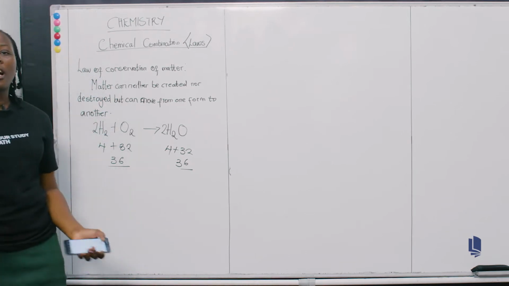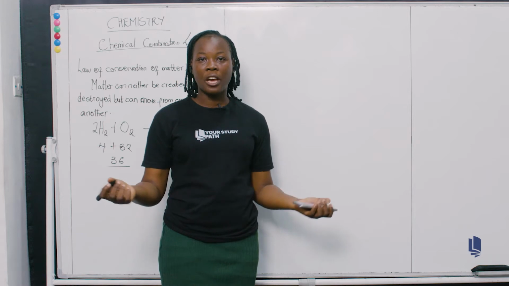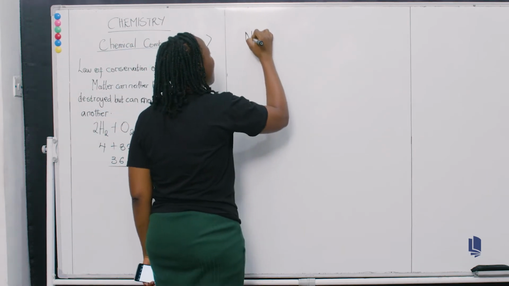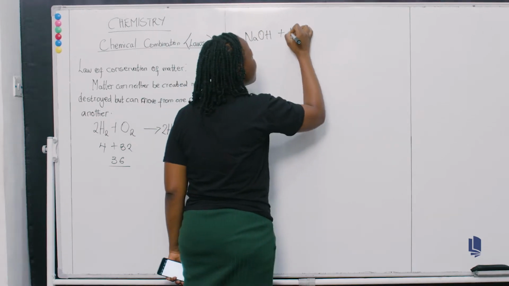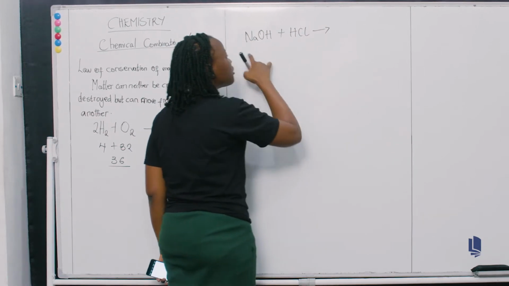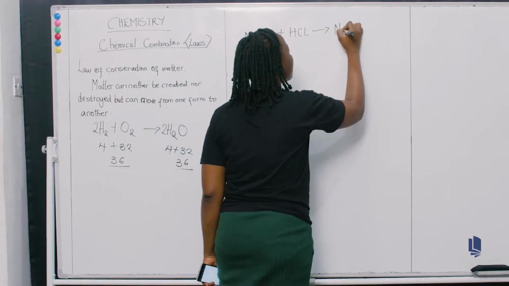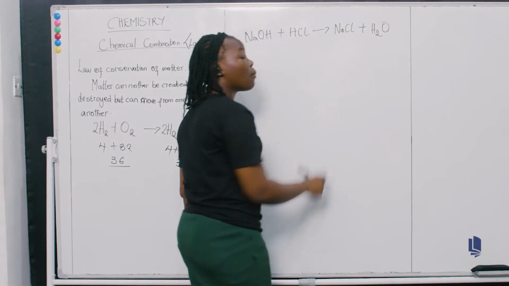Let's consider another equation. Let's consider a neutralization reaction, that's between an acid and a base. Let's say NaOH plus HCl. This neutralization reaction is meant to give us salt and water. That will be NaCl plus H2O. Let's confirm if it is balanced.